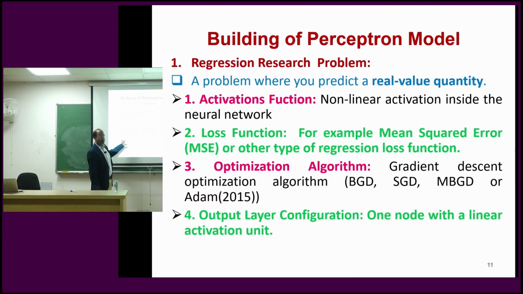Adam is advanced level, right? Forget about advanced; first you understand these 3 very basics. With these 3 basic optimizers, you can build a perceptron model for the regression task, right? And the output is one node with the linear activation.